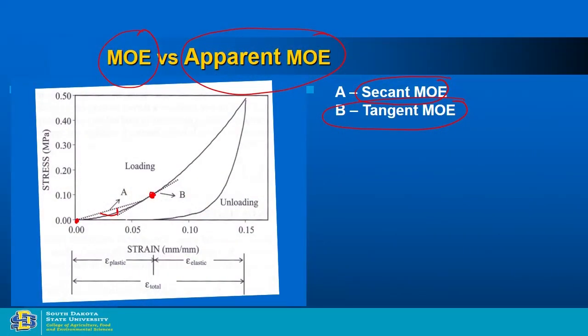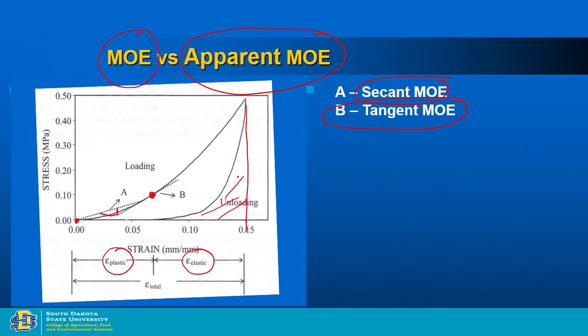So from this data, you can calculate the elastic strain and plastic strain. Whatever you don't recover is called plastic strain. Whatever you can recover is elastic strain. And from these values, elastic strain over total strain, you can get the percentage of elasticity and percentage of plasticity. Or you can get the area under the curve.